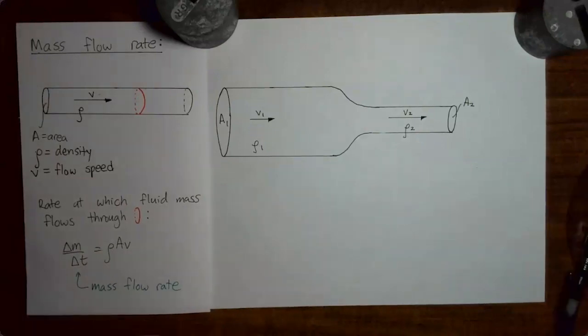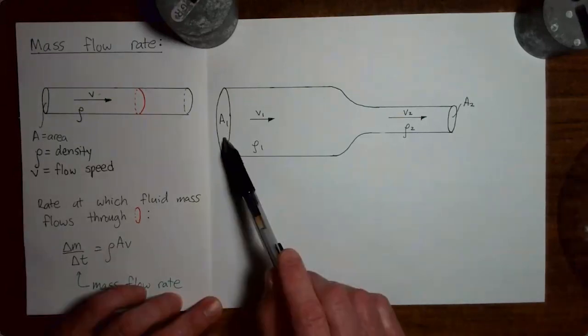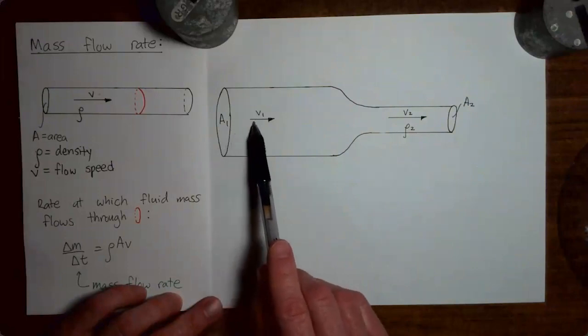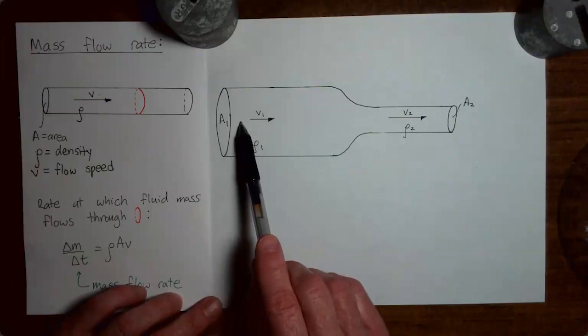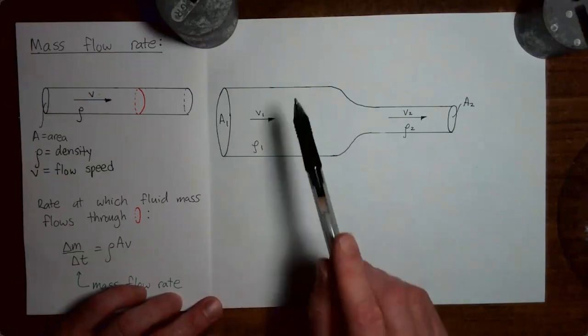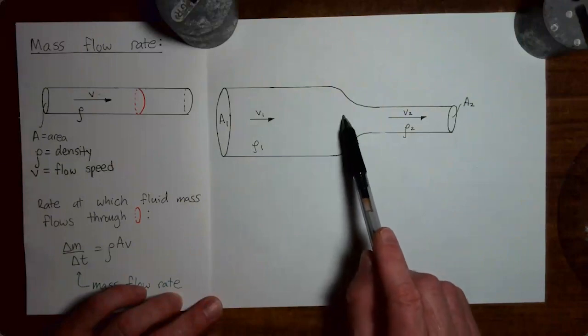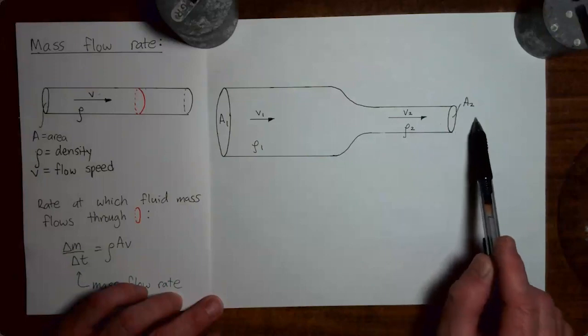In this video, we want to look at what happens to the flow when there is a change in the cross-sectional area of the pipe, so that the pipe gets wider or narrower. For example, let's look at this figure here. I have fluid flowing from left to right through a wide portion of the pipe, but then the pipe constricts and the fluid must continue flowing through the narrow part of the pipe.